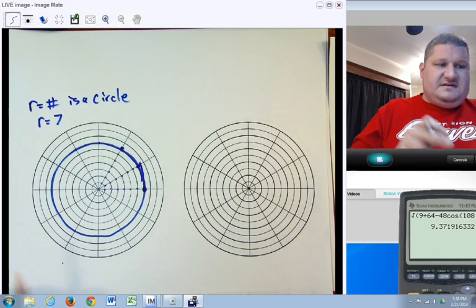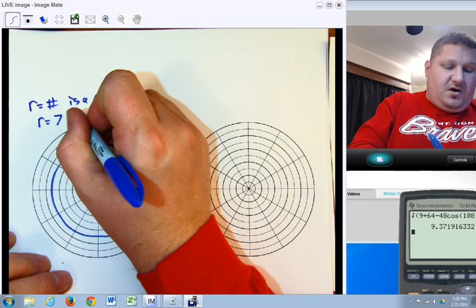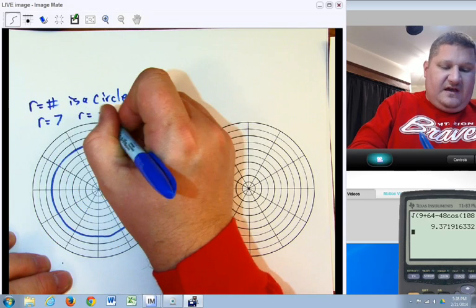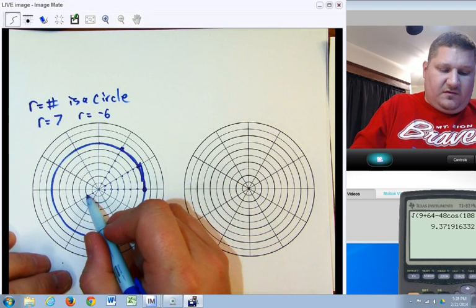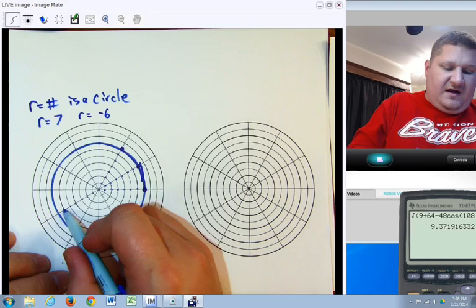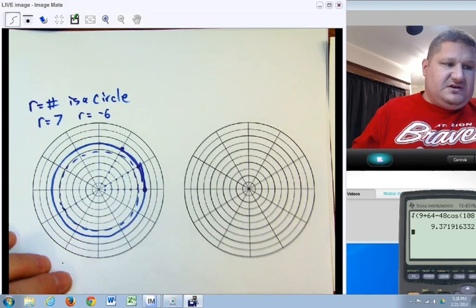By the way, r equals negative 6 would be, instead of going out 6, you go back 1, 2, 3, 4, 5, 6. But by the time you rotate it, it will also be a circle.